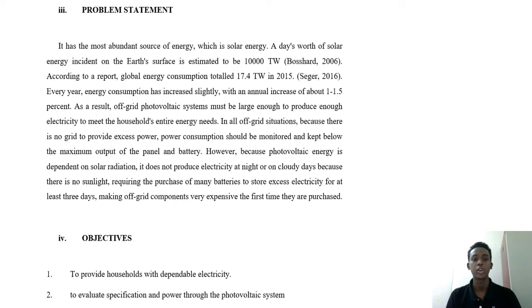As a result, an off-grid photovoltaic system must be large enough to produce enough electricity to meet households' entire energy needs in all off-grid situations, because there is no grid to provide power. Power consumption should be nominated and kept below the maximum output of the panel and the battery. Objectives: to provide households with dependable electricity, and to evaluate specification and power through the photovoltaic system.